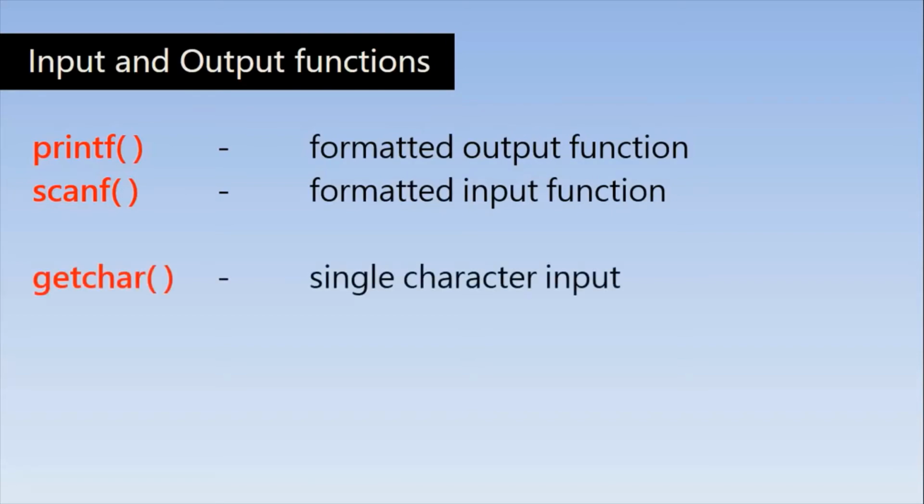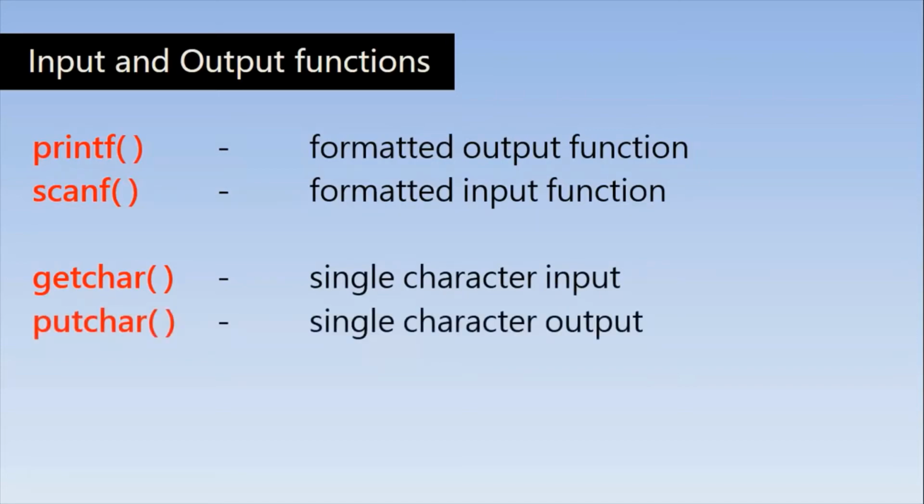Next, the getchar function, which is used to get a single character from the keyboard. Next, the putchar function, which is used to print a single character on the output window or any standard output device. When we talk about input and output functions, they refer to the input and output devices also.